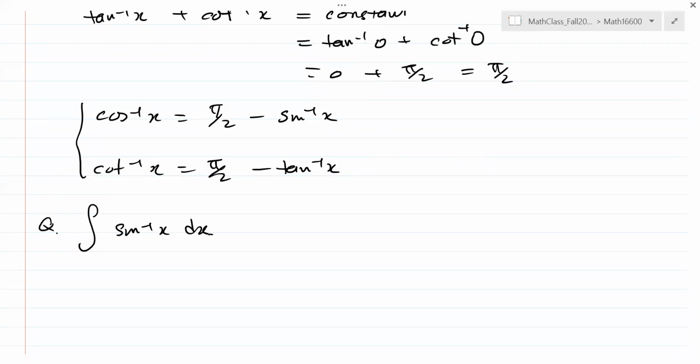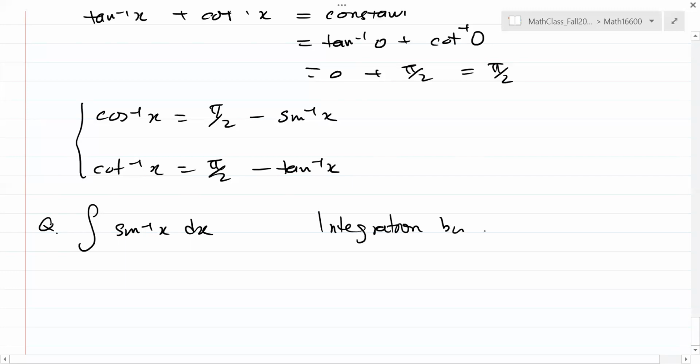If you know integration by parts, okay, it's called integration by parts. Sometimes I'm confused whether it belongs to Math 165 or 166. But if you took 165 before, have you heard about integration by parts? Yes. Okay, so let's do it.